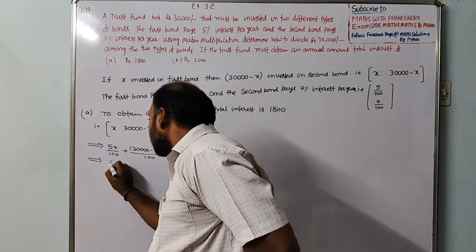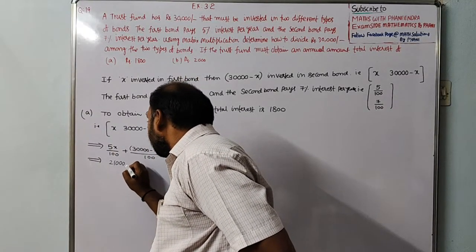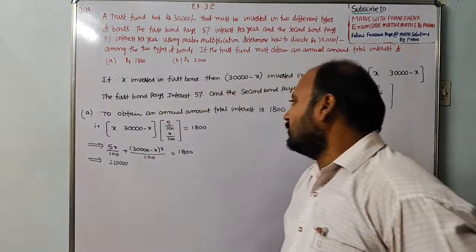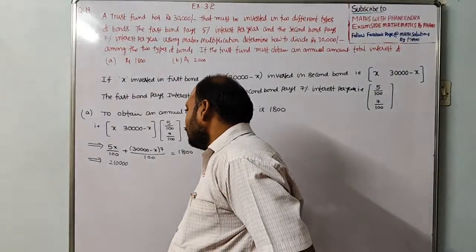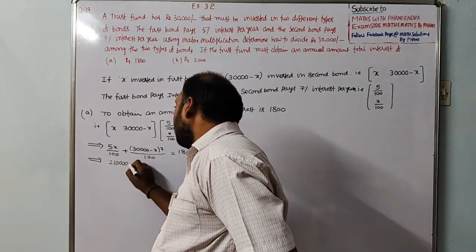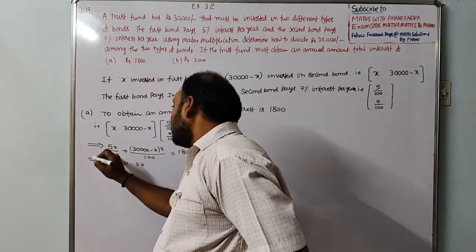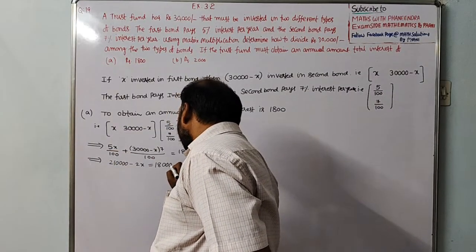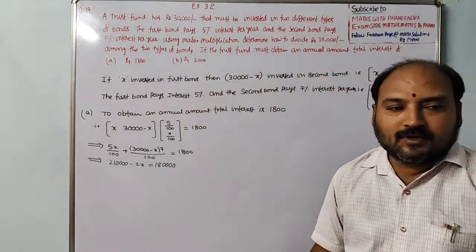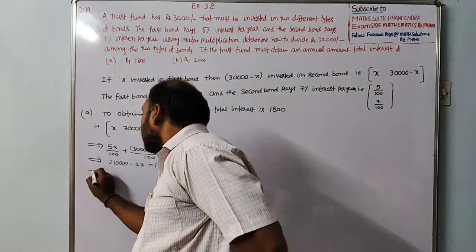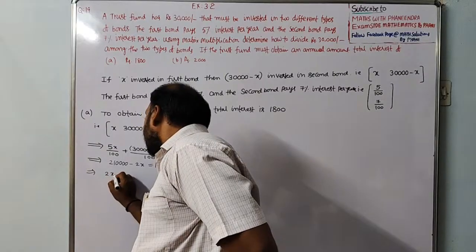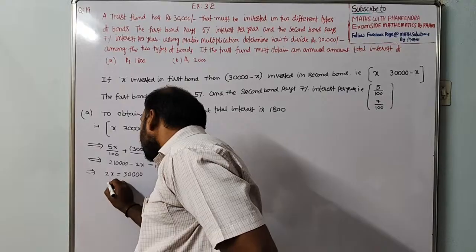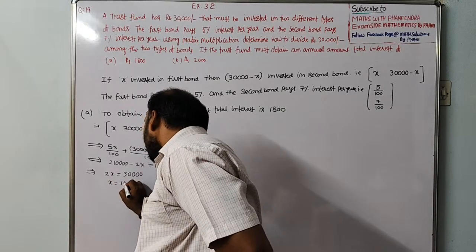So 2 lakhs 10,000, minus 2x, that is 7x minus 5x. 100 bring this side, 1,80,000. Bring this side, it will become 2x equal to 30,000. So x is equal to 15,000.